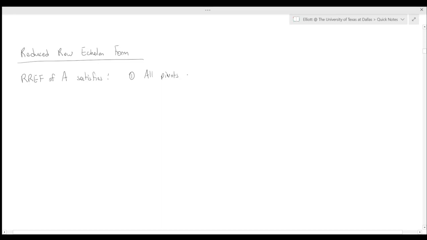So first, all the pivots have to be equal to 1. Second is that pivots must be ordered in the usual way. So meaning that each pivot appears below and further to the right of the previous one.